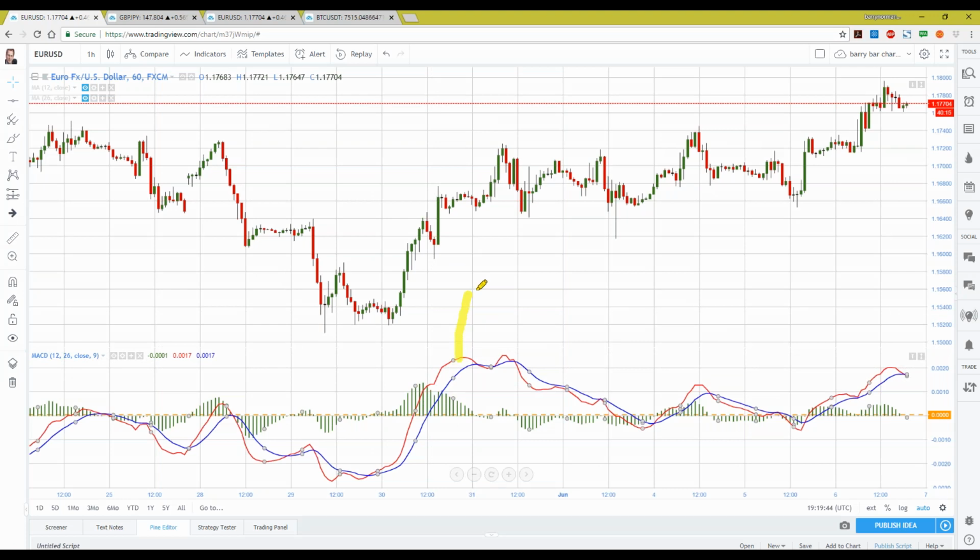This being the MACD line. We then take a 9 period moving average of the MACD line, and this gives us the blue signal line or trigger line. We then subtract the MACD line from the signal line and plot that on the histogram.